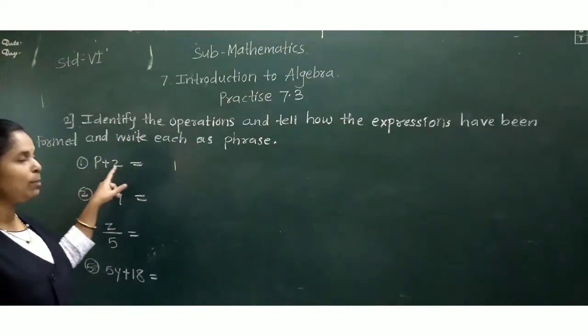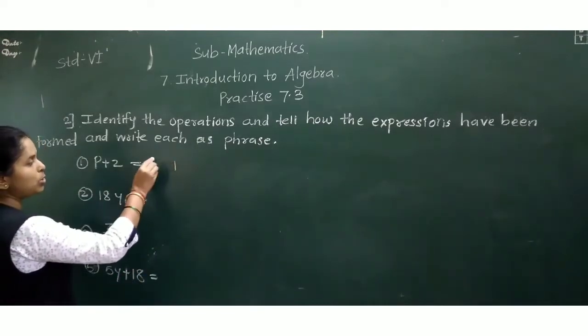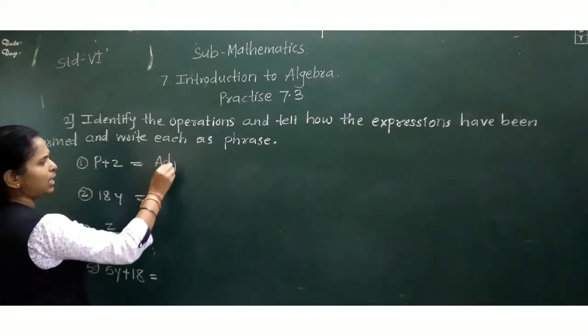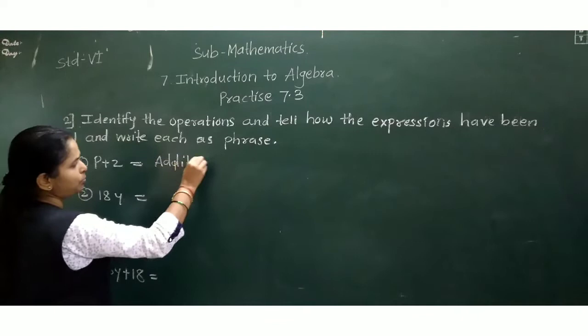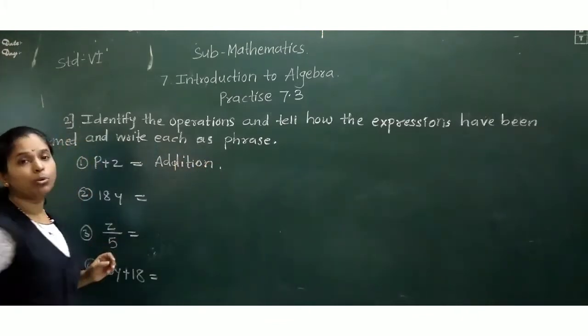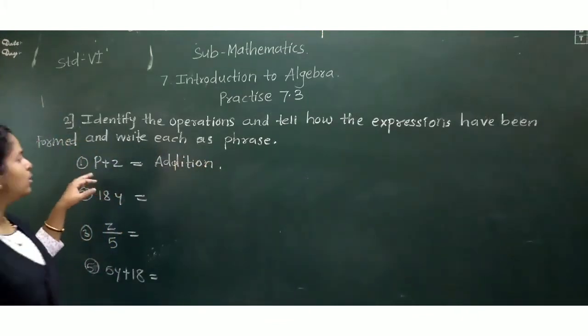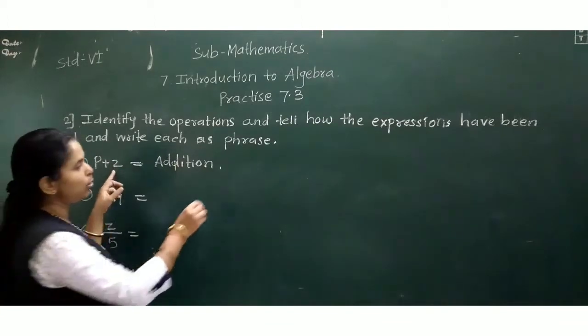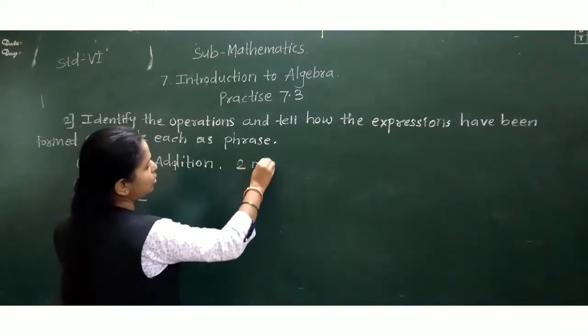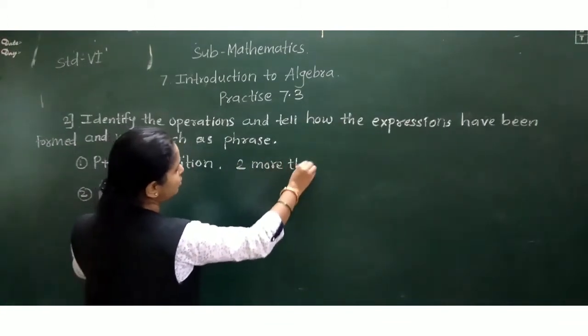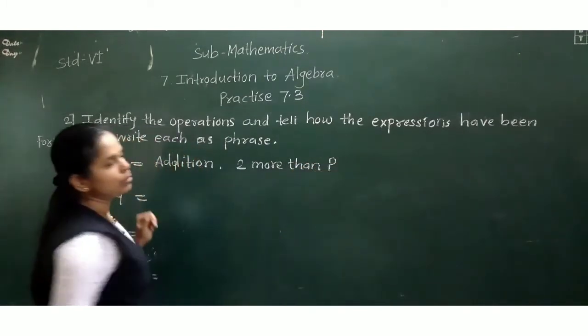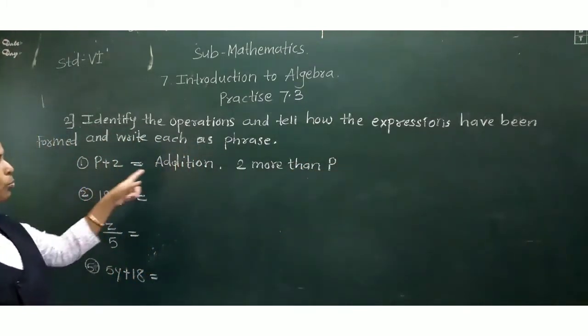First one, p plus 2. Here which operation is used? Clearly we can see, addition. And now how to write it in the form of a phrase? See, 2 is added, no? So 2 more than p.